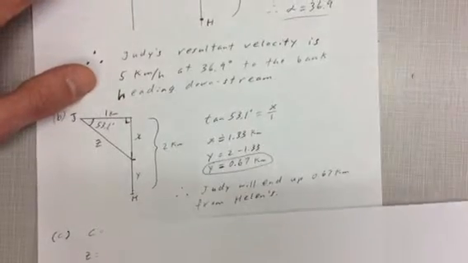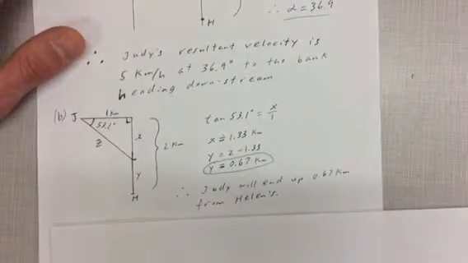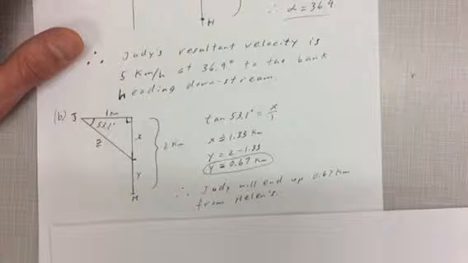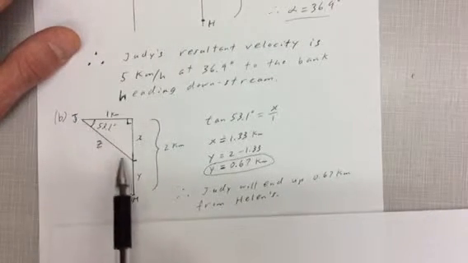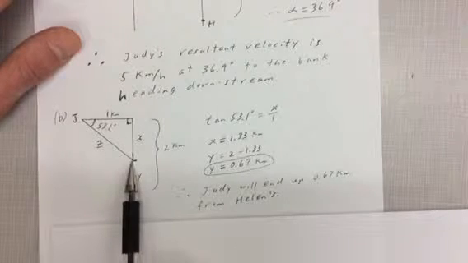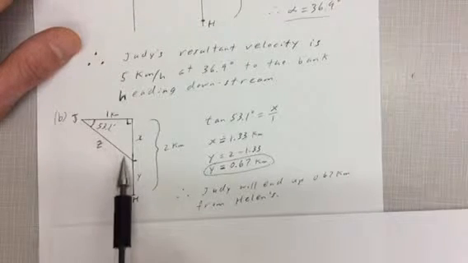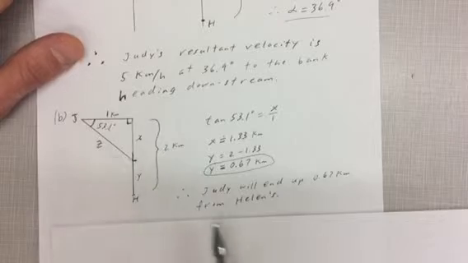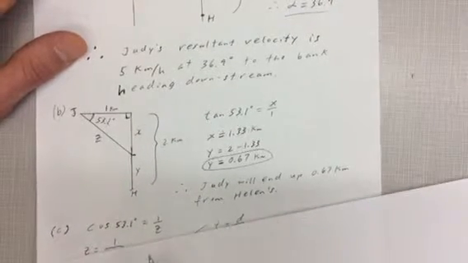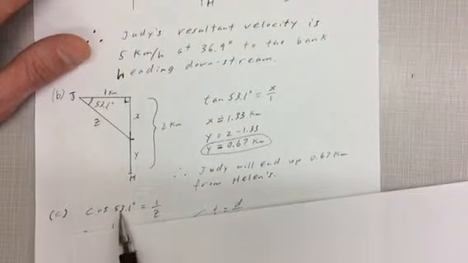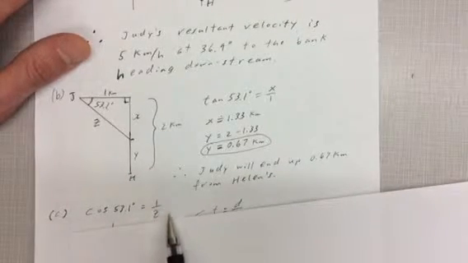Okay, the last question in this one, part C, how long will it take Judy to reach the other side? Well, in order to do that, we need to find out how far Judy has to swim. We know her speed along this diagonal here, but how far is that? So we plug that in. Okay, we get cos of 53.1 equals 1 over z.